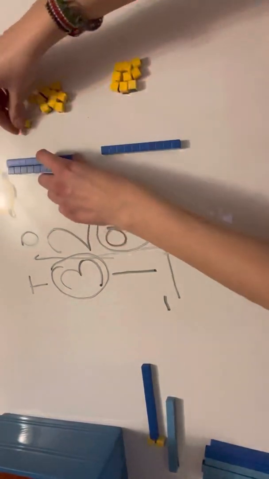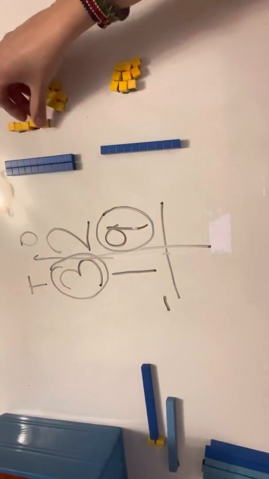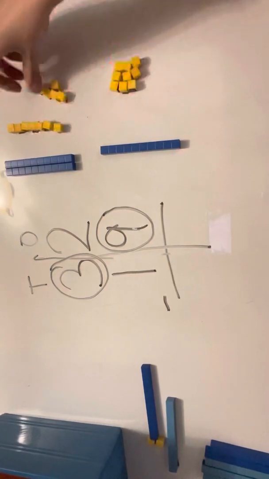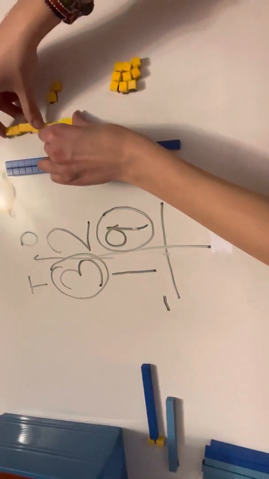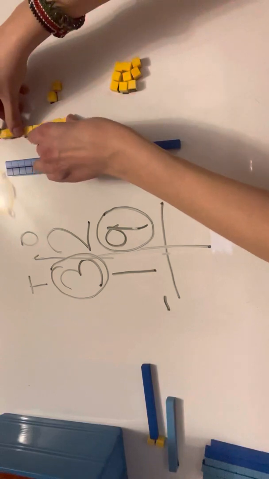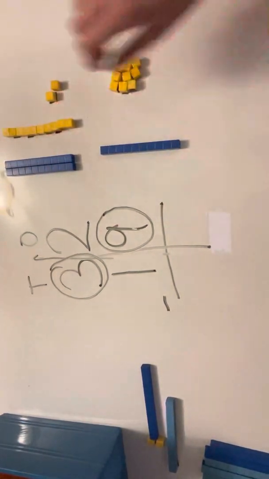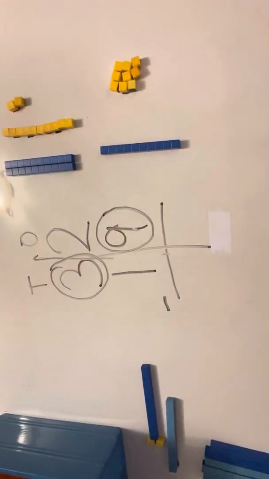And I can even put this into a 10 block to help us understand that a little bit better. So we have 1, 2, 3, 4, 5, 6, 7, 8, 9, 10. And these have magnets on the back, which make it a little tricky to line them up. But you can see that it's about the same size. 10 ones is the same as 1 ten. So I have 10, and then I have 2 more, which make 12.